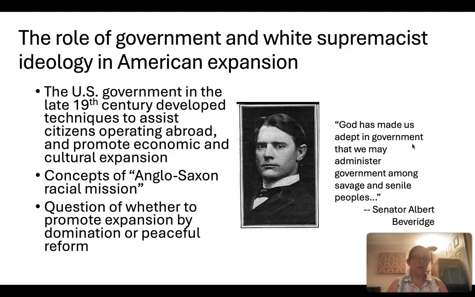So the US, as we're going to see, finds a slightly different way to gain an empire. Not through colonization, but through creating protectorates, through making economic treaties, businesses, voluntary associations like missionary groups. We're going out, spreading America's economic and cultural dominance, and the government should be assisting these efforts.